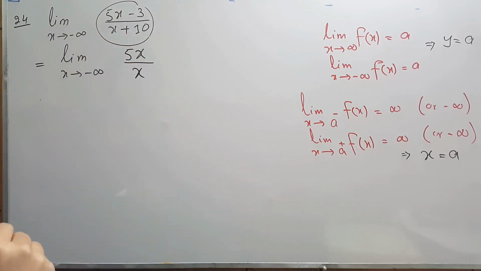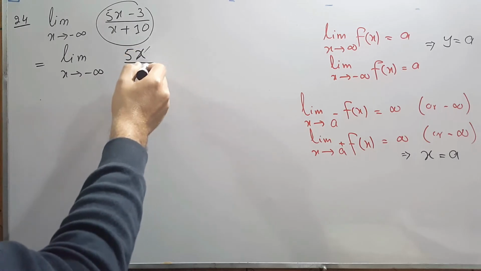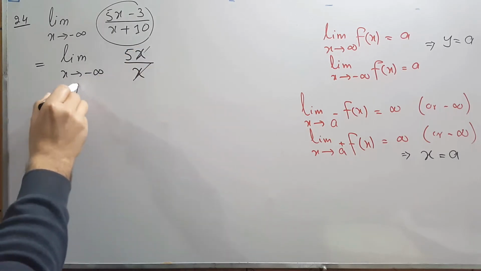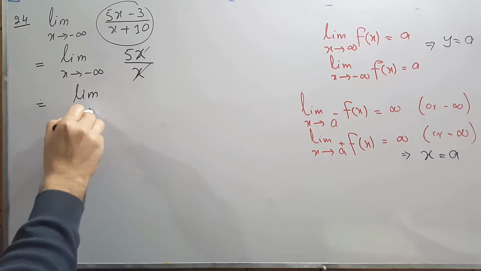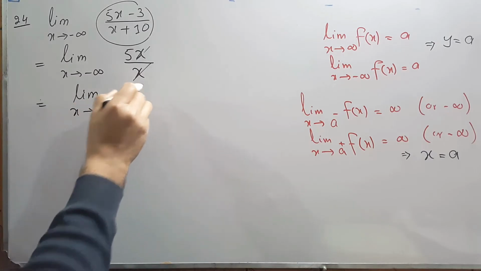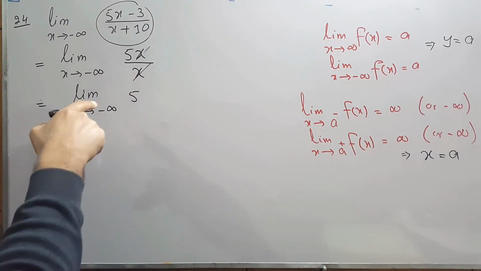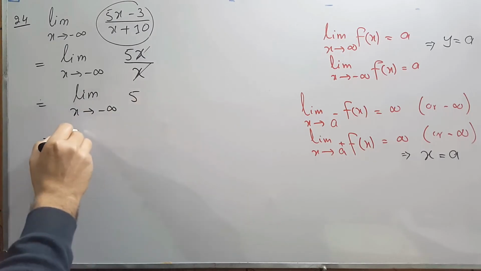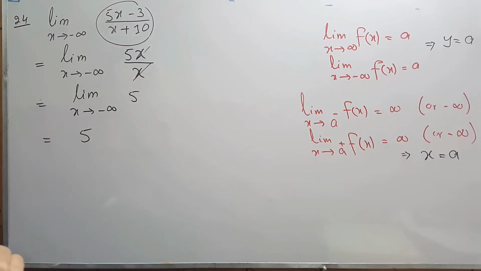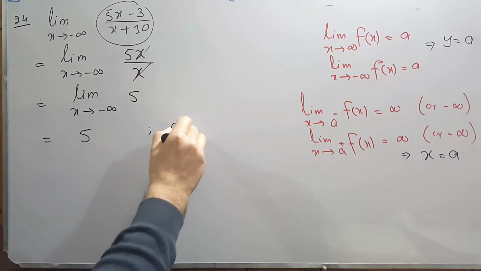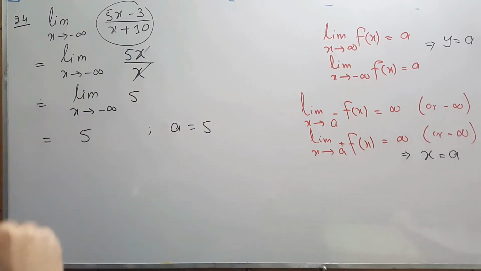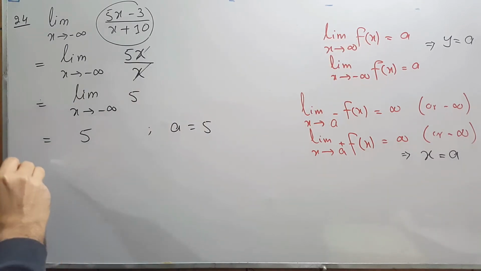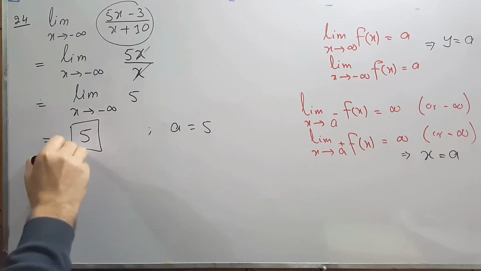Now we can see that x can cancel x, so the limiting value as x approaches minus infinity is 5, and if you apply the limit, there is no x, so this gives us the constant value 5. So we can see here our a is 5 according to that rule. So the limiting value is 5.